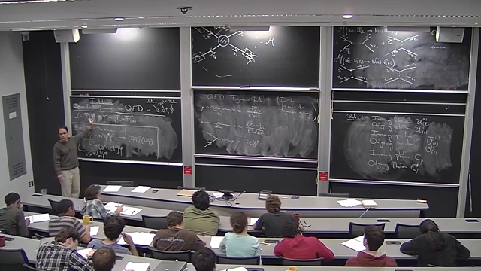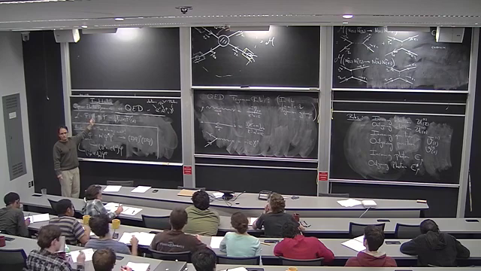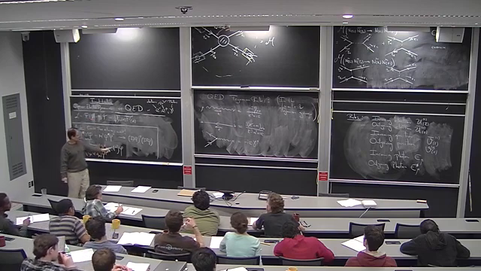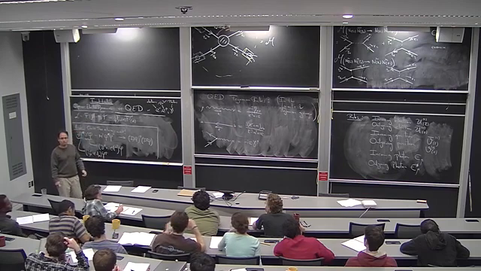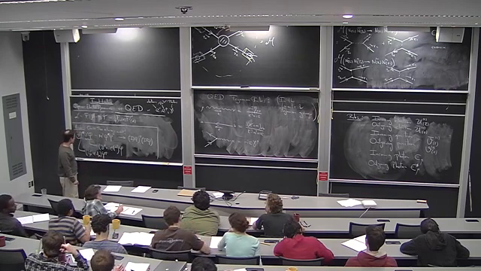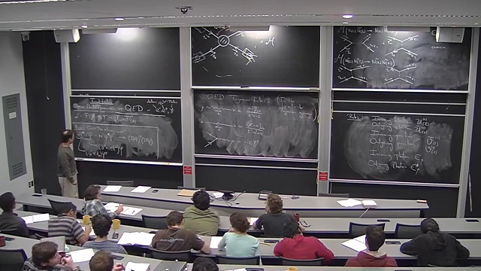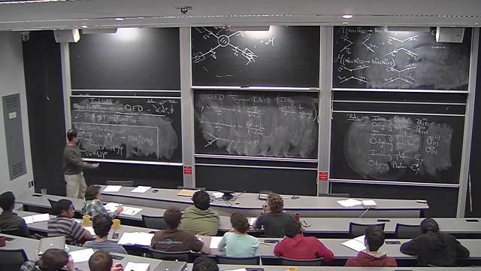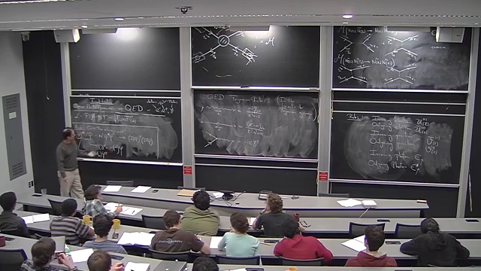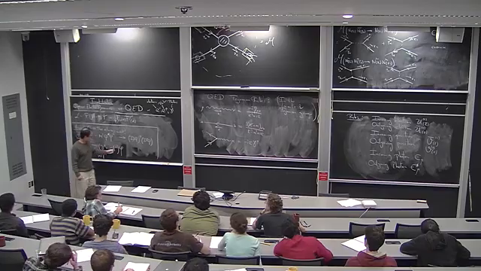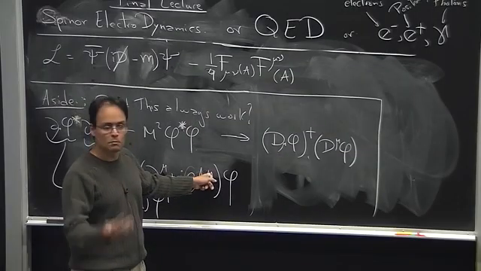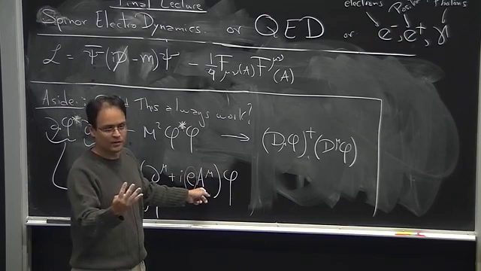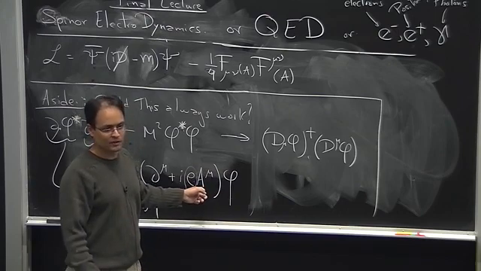So what's the dimensionality of the coupling? What's the dimensionality of E? Let's just say that A has the dimensionality of a scalar field, right? The space components are like scalar fields. What's the dimensionality of a scalar field?